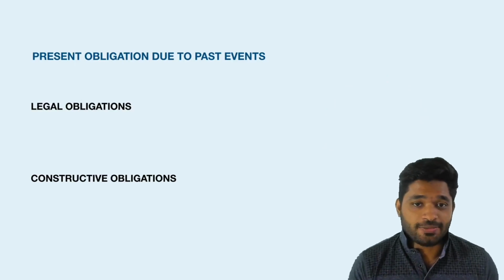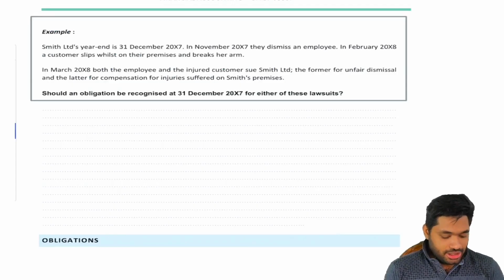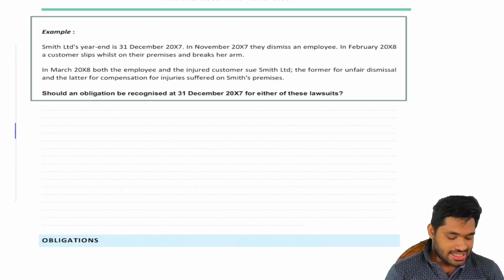Okay, right. Smith Limited year end is 31st December 2007. In November 2007, they dismiss an employee. In February 2008, a customer slipped while on their premises and breaks an arm.